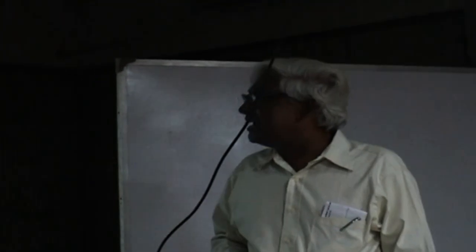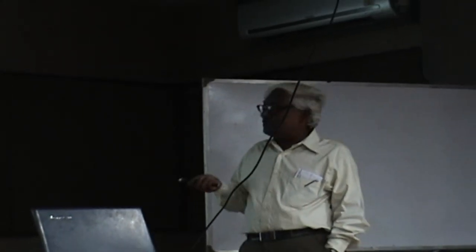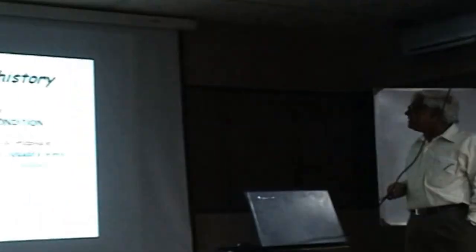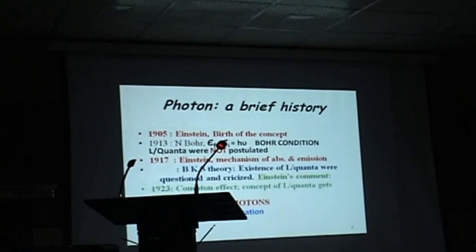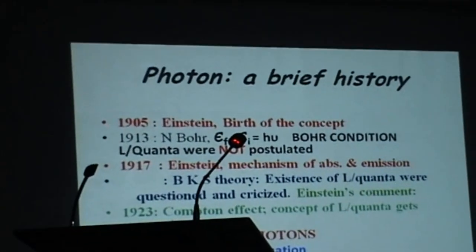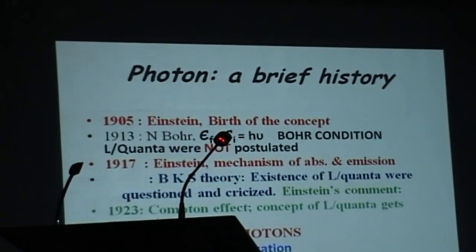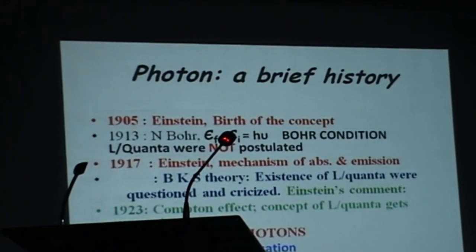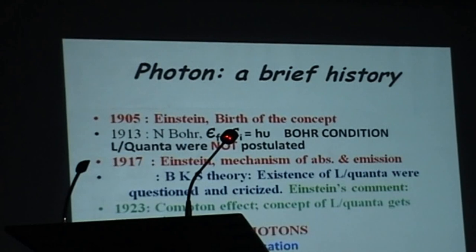Then we know that in 1923, the Compton effect was discovered, and this proved the existence of the light quantum. And in 1924, G. N. Lewis, an American physical chemist who gave the idea of electron pair bonds, gave the name photon to the light quantum.